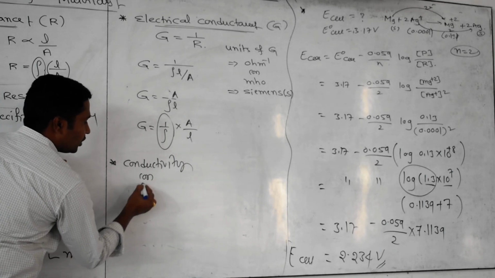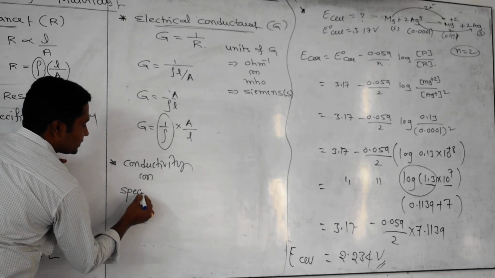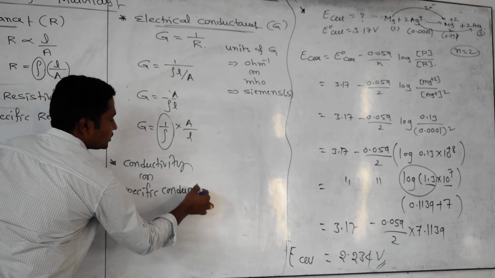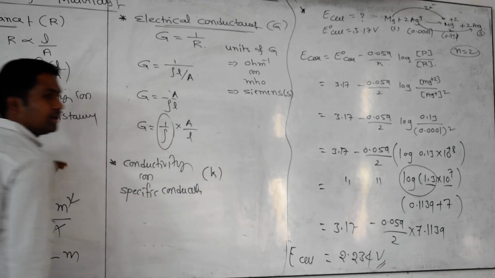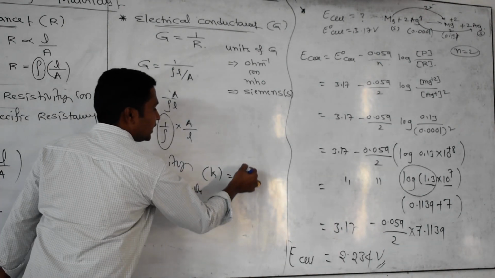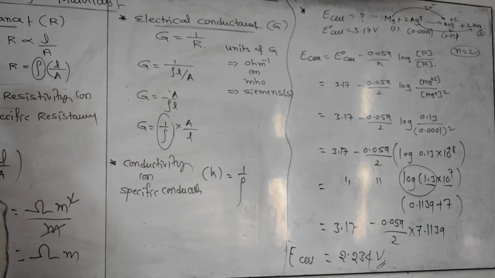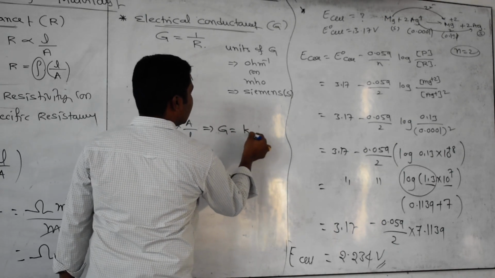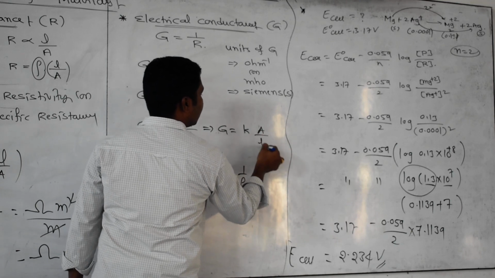Conductivity is also called specific conductance, denoted by the letter K. It is nothing but the reciprocal of the resistivity. You got my point? So we write G is equal to K into A by L.